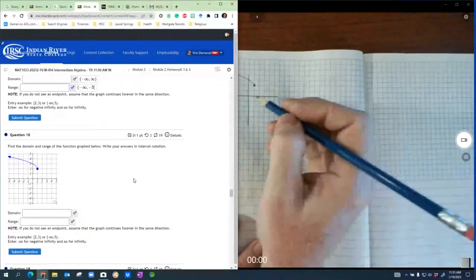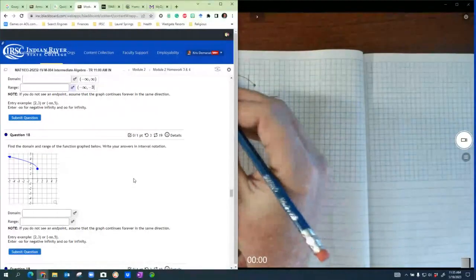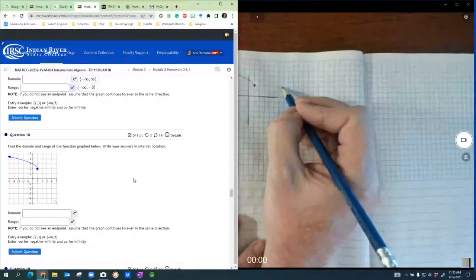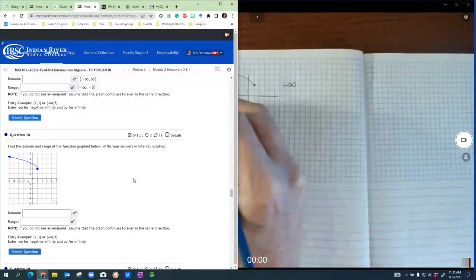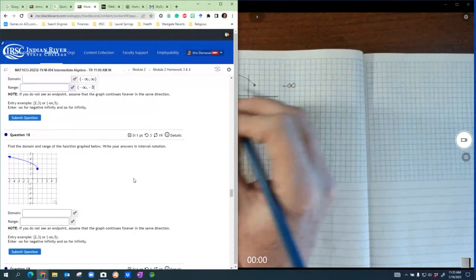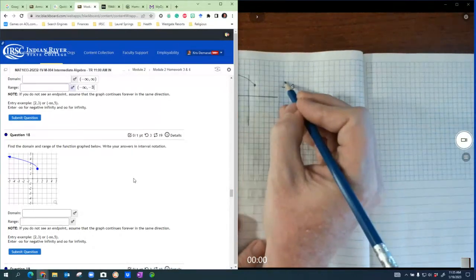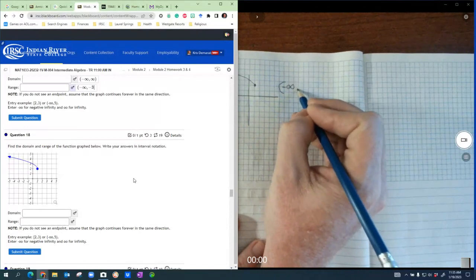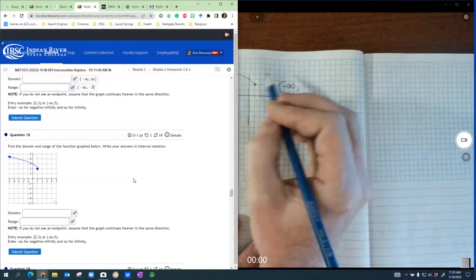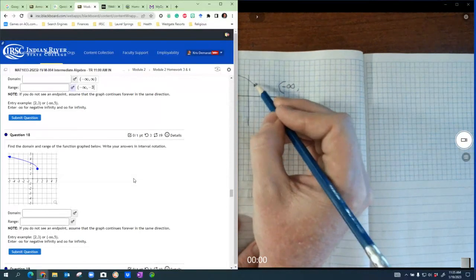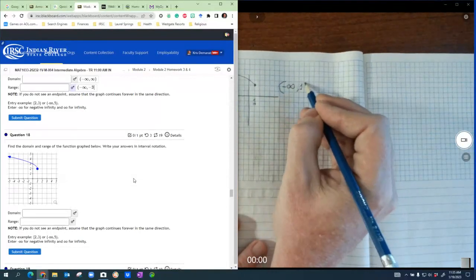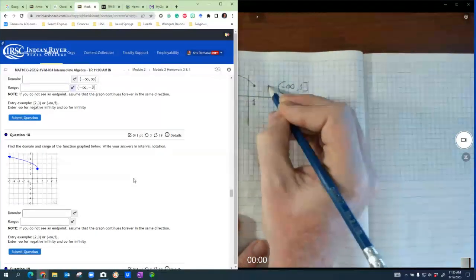When we're going to the left forever, it's going into the negative realm, obviously. So the domain is going to be from negative infinity, and always put parentheses around an infinity sign. Never put a bracket. But then it stops somewhere. Where does it stop? It stops at 1, so it's going to be inclusive as well for the domain.